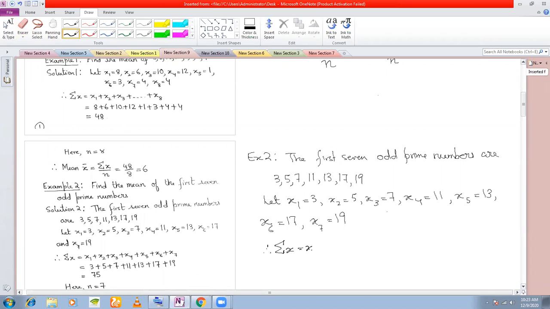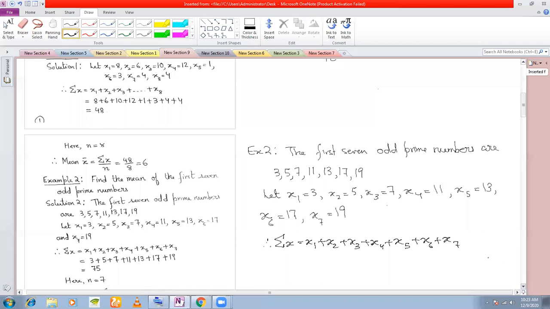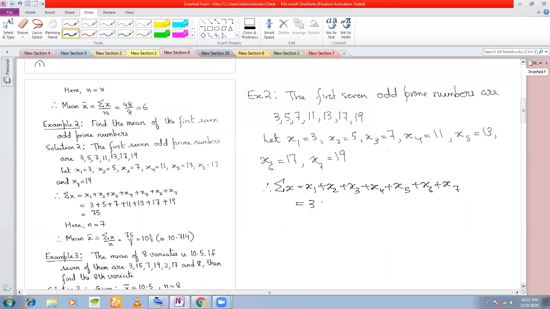Sigma x is the sum of the observations. Okay, add up. They add up to 75.